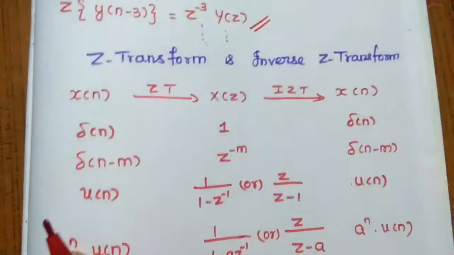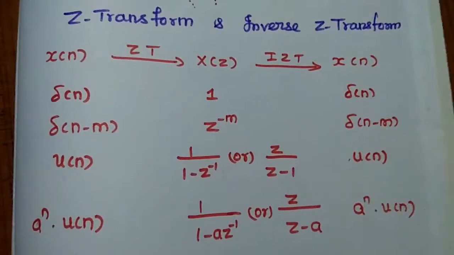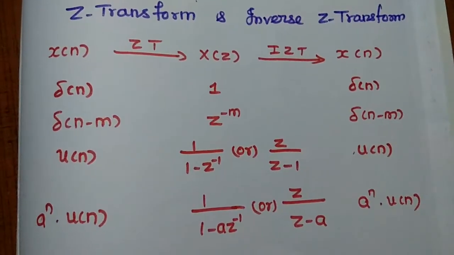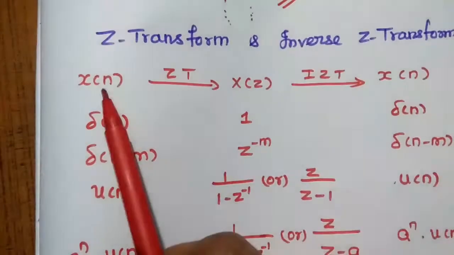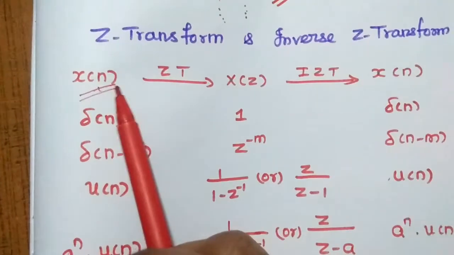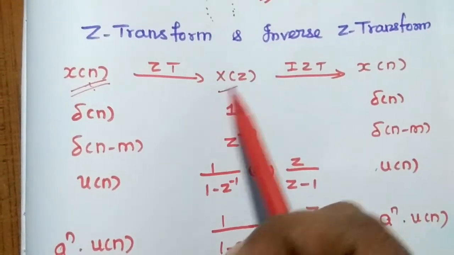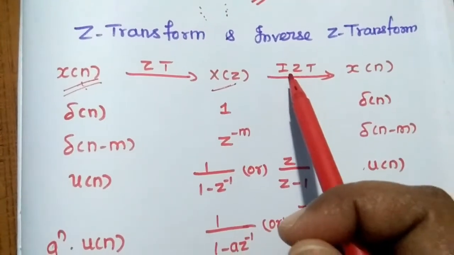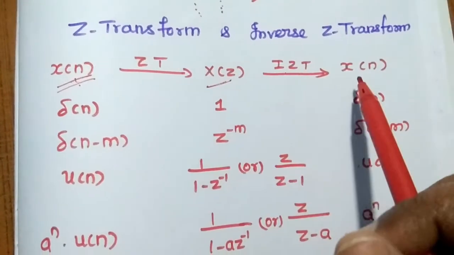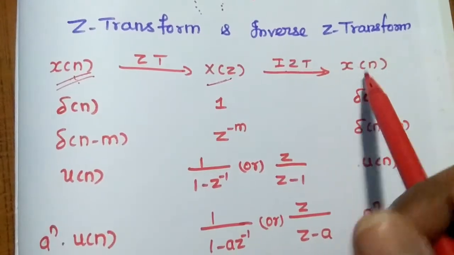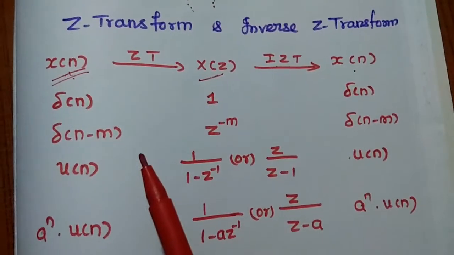Then these are the important Z transform and inverse Z transform formulas. From this, x of n is the time domain signal. From this time domain signal, we can obtain the frequency domain signal. Using inverse Z transform, we can obtain the time domain signal from this frequency domain signal, right?